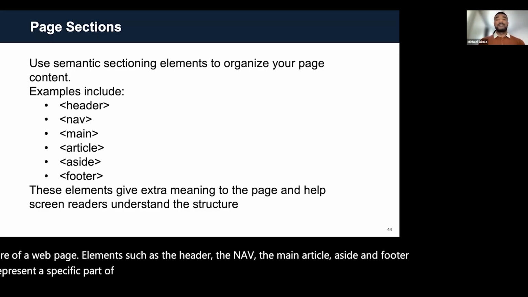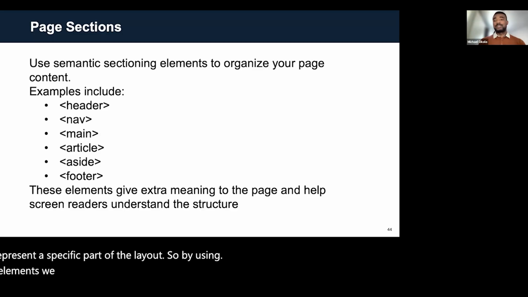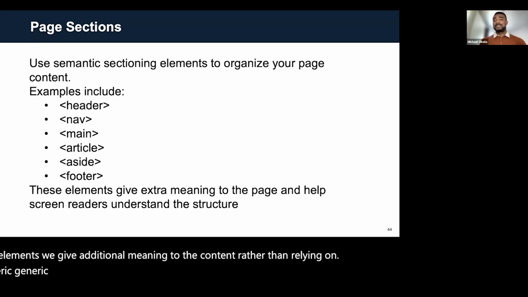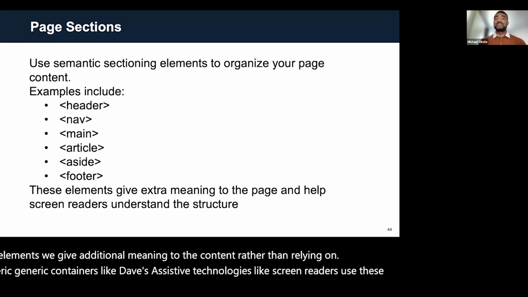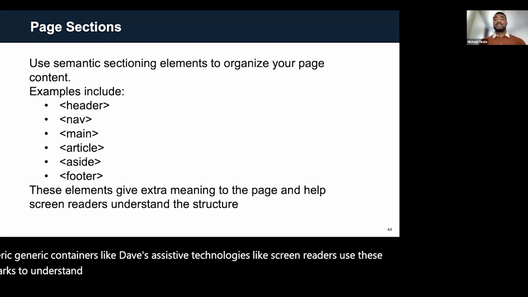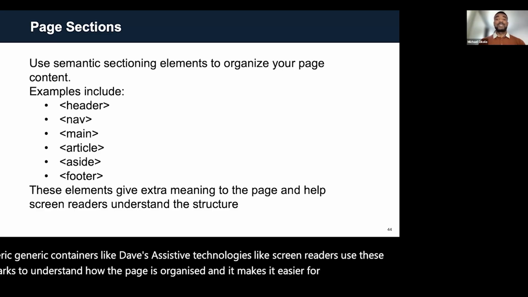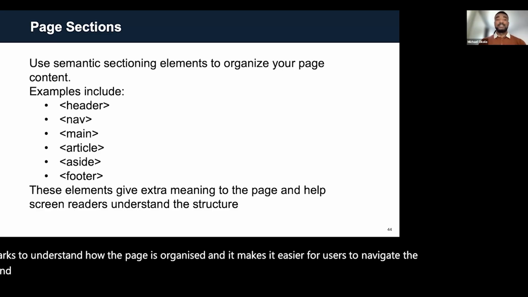By using these elements, we give additional meaning to the content rather than relying on generic containers like divs. Assistive technologies like screen readers use these landmarks to understand how the page is organized, and it makes it easier for users to navigate the page and quickly find information they need.